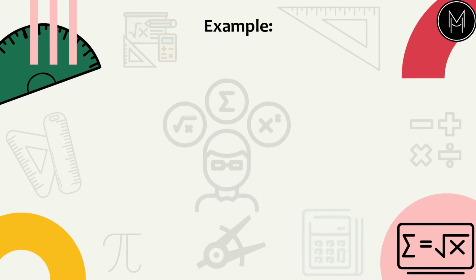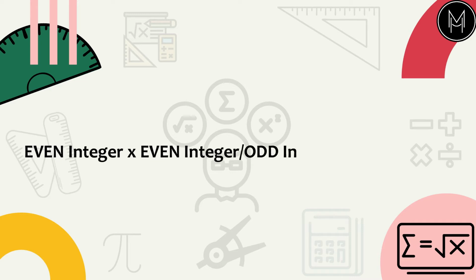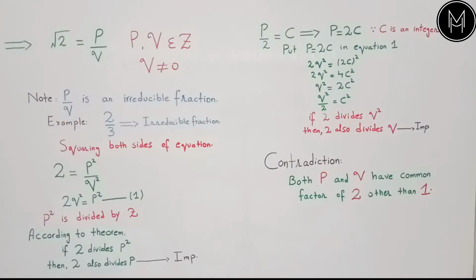For example, when we multiply 2 by 5, we get 10, an even integer, and 5 is an odd integer. When we multiply 2 by 6, we get 12, which is also an even integer. So when we multiply an even integer with an even or odd integer, we will always get an even integer. So we can say that p square is an even integer.